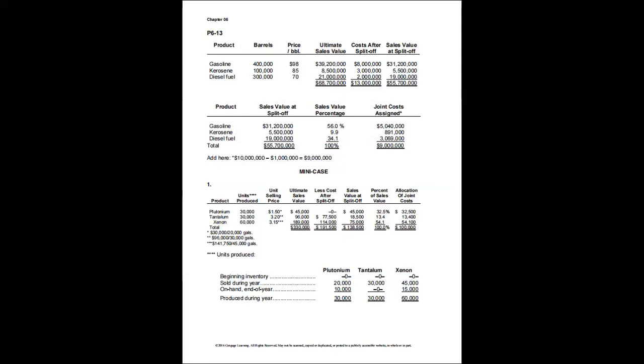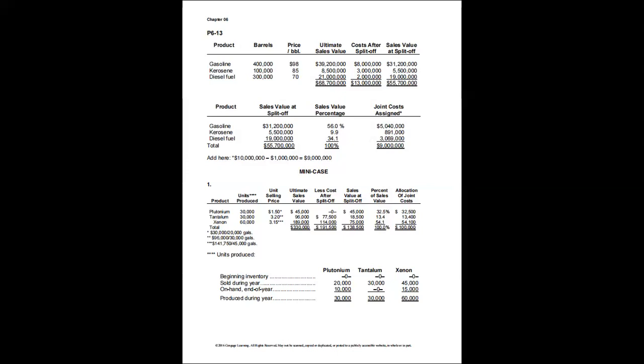So the unit selling price is 1.50 for plutonium, since the sales in dollars is 30,000, and you divide that by 20,000 gallons sold.